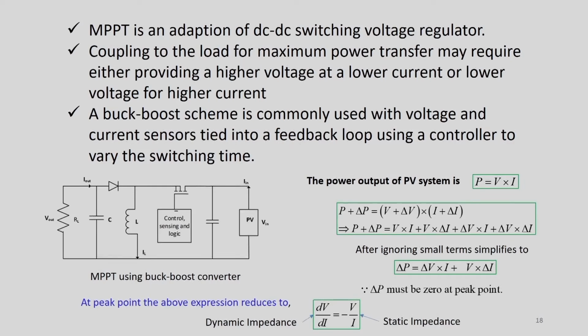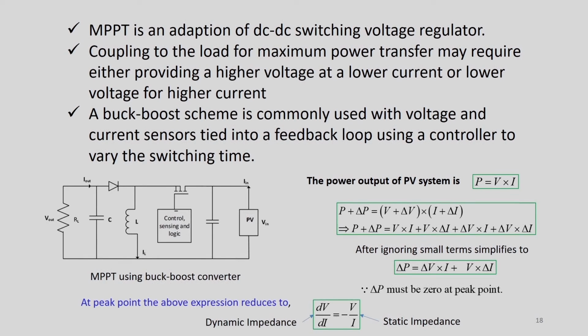So, this MPPT is an adaptation of a DC-DC switching voltage regulator. Coupling to the load for maximum power transfer may require either providing a higher voltage at lower current or a lower voltage at higher current. Normally, a buck-boost scheme is commonly used with voltage and current sensors tied into a feedback loop using a controller to vary the switching time.